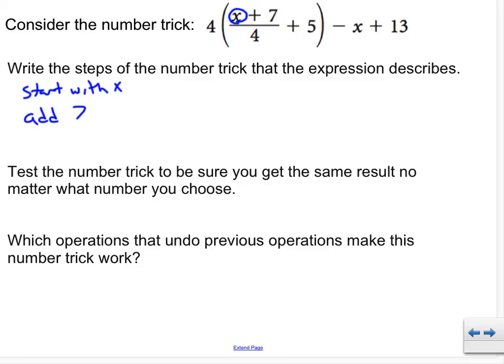Then we're going to divide by 4. That takes care of our fraction. Then to the fraction, we're going to add 5. Maybe I should number these. That was number 1, that was number 2, that was number 3, this is number 4. So after add 5, what do we do?